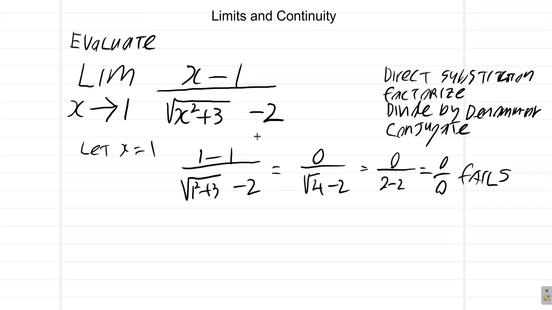Because if we multiply the square root of x squared plus 3 by itself, the square root would disappear and it would free us from the square root sign. The x would no longer be under the square root sign. So let's use that method.